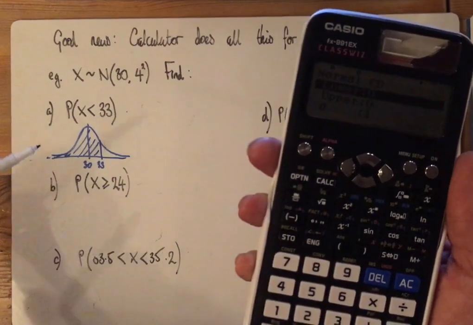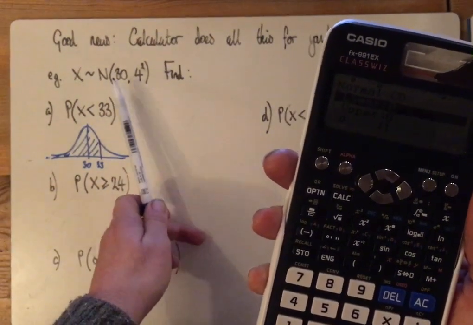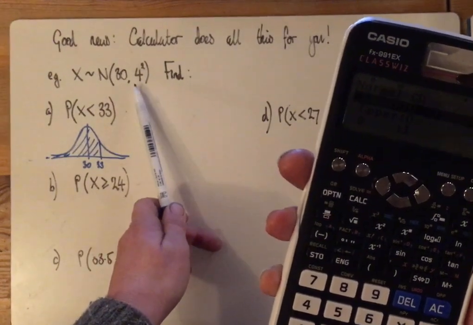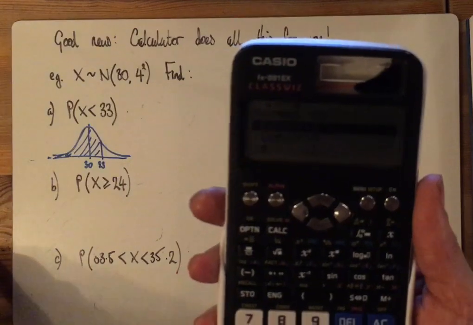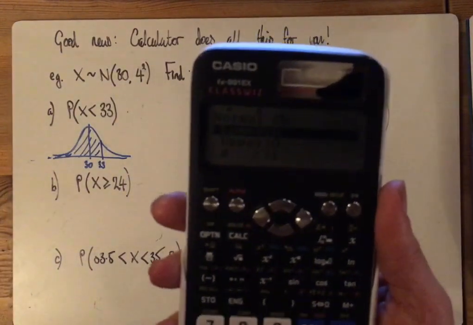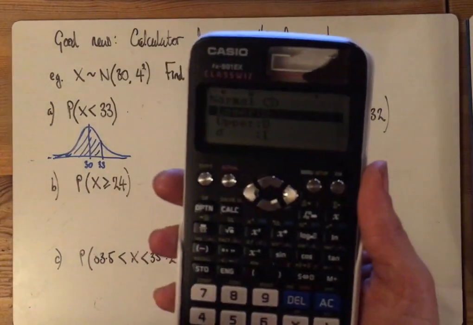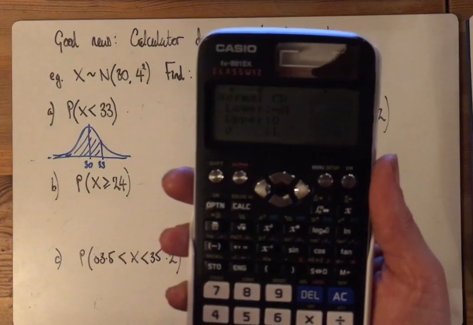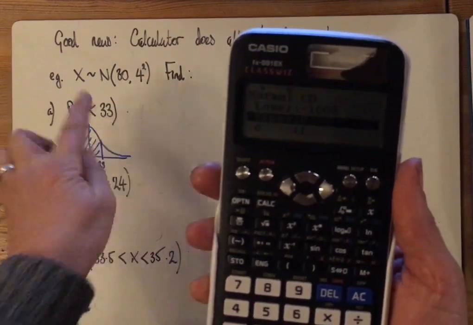As a rule of thumb, you need to go 5 standard deviations away from the mean. So 5 times 4 is 20, 30 minus 20 is 10. And so I can put a lower bound of 10 in there, and that would be absolutely fine, because the probabilities are just dipping down to being really small by then. You might want to just put a relatively big negative number in there, so we could go minus 1,000 or something. The upper limit is 33.